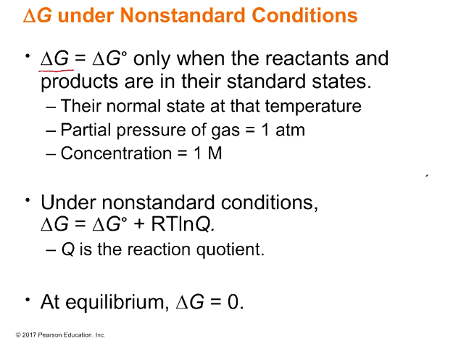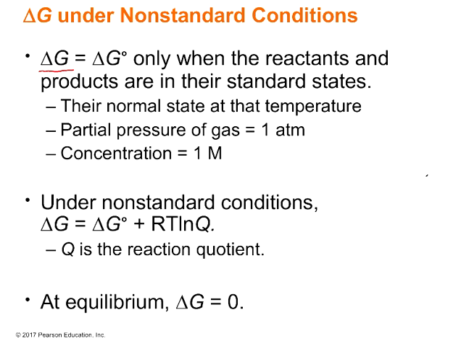So we don't have that little degree symbol that indicates standard conditions. And that will equal delta G under standard conditions when the reactants and products are in their standard states. So the temperature is 25 degrees Celsius, the partial pressure is 1 atmosphere, or the concentration is 1 mole per liter.